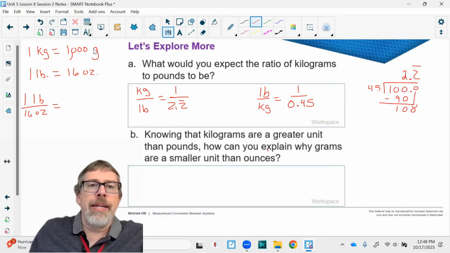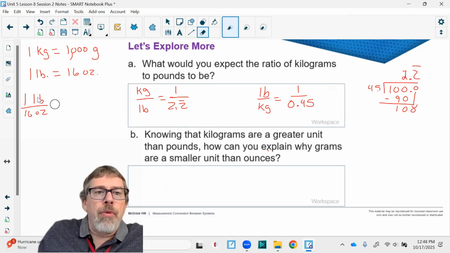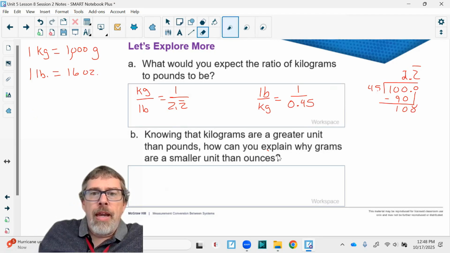Let me think about this a second. No, I don't want to do that. 1 pound is 16 ounces. 1 kilogram is 1,000 grams. How can we explain why grams are a smaller unit than ounces? Well, there are 2.2 pounds in a kilogram, right?